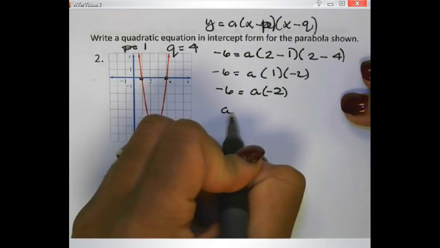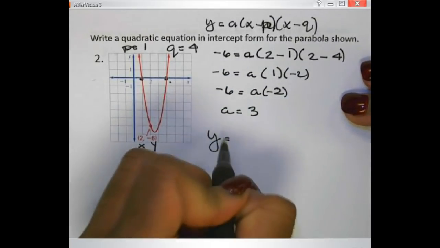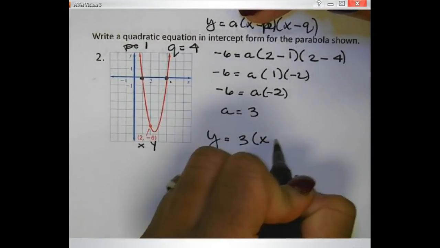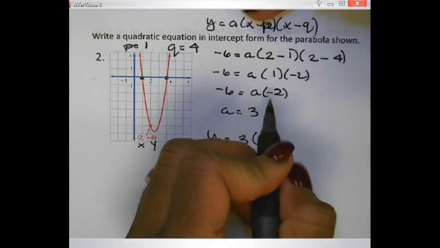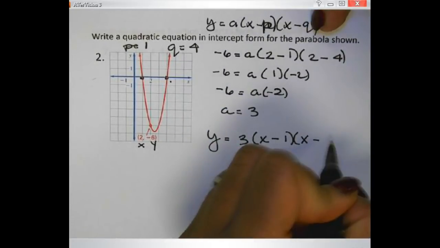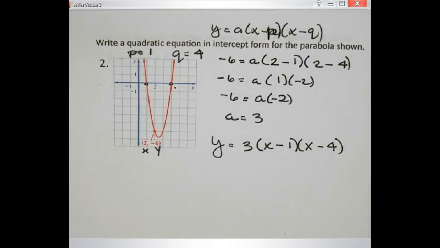And so a would have to be equal to 3. Wonderful. When I write my equation, I'll write 3 times (x minus p, so x minus 1) times (x minus q, which we said was 4). There you go. We did one with intercept form and one with vertex form. Let's keep it pushing.